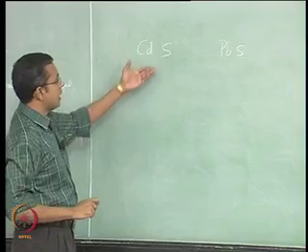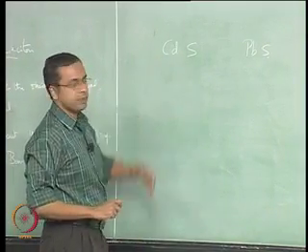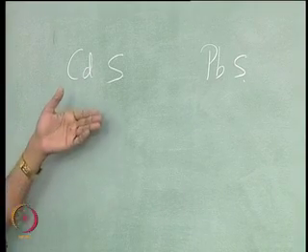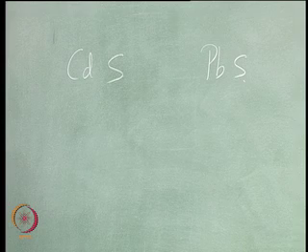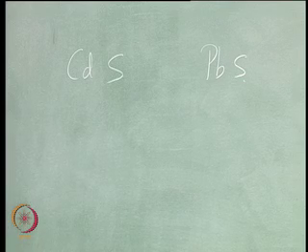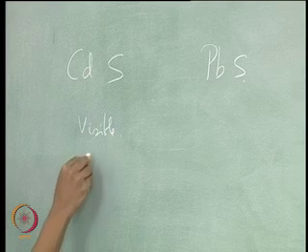Okay. So this has a band gap which is somewhere in the visible region of the spectrum, and when you raise the band gap, of course it means that it will now respond to radiation of only shorter wavelengths. So you can go from visible to UV.